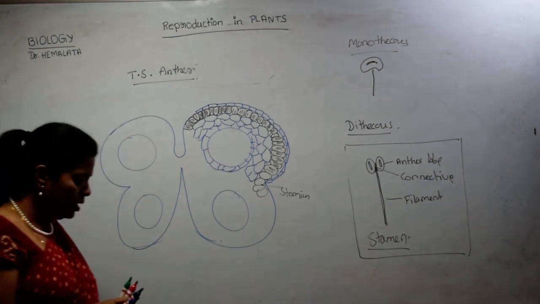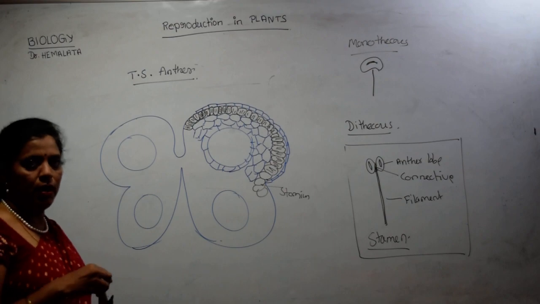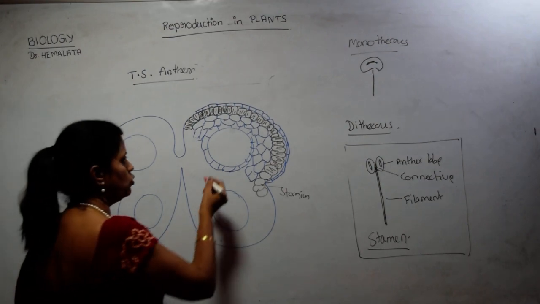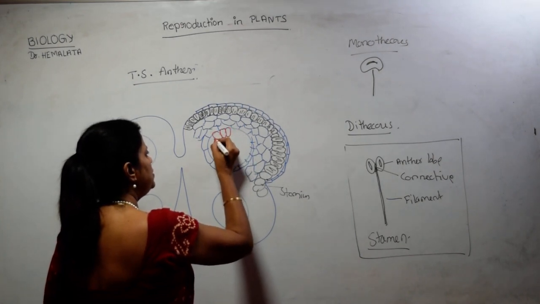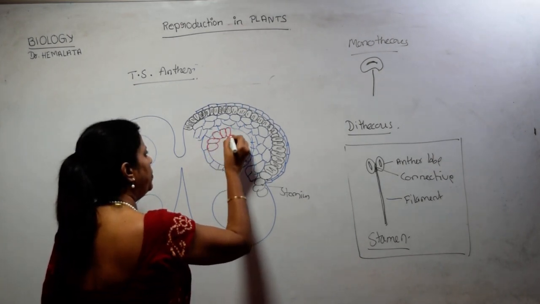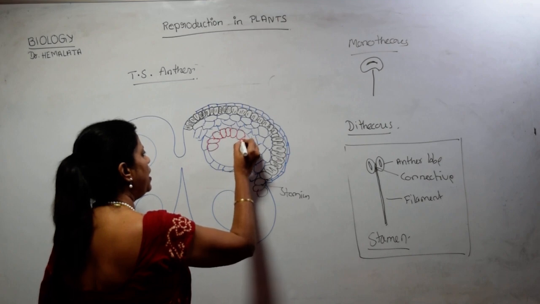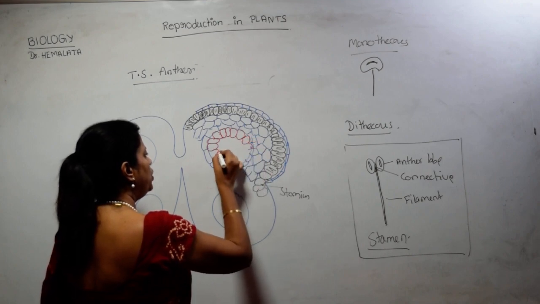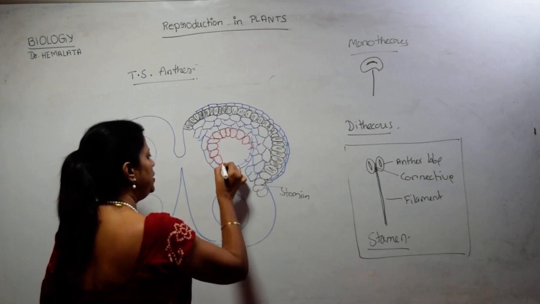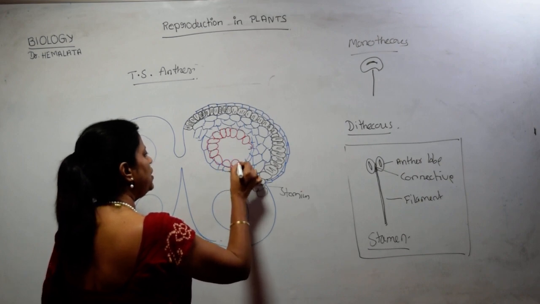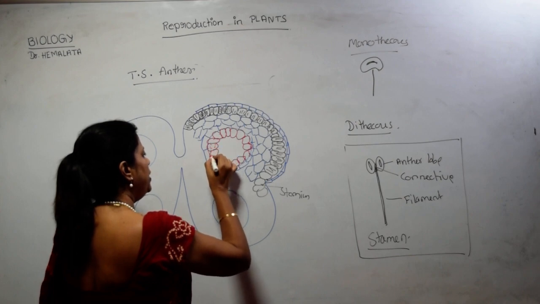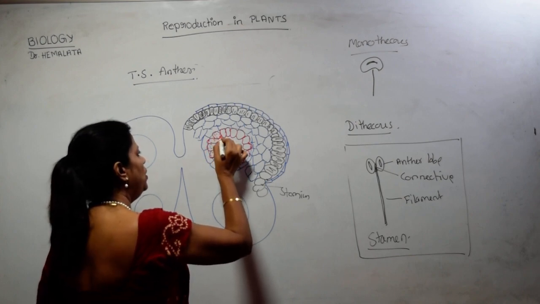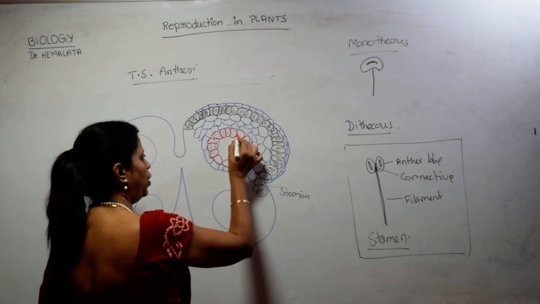Okay. Then the internal area, the last one which is entering into the microsporangia, you will find elongated cells. This is called as tapetum or tapetal layer. These are the large cells and they are nutritive in function, and this is the tapetal area. These are very bigger compared to others, and they are multinucleated. They don't have one only, one or two, and they contain something called the Ubish bodies.